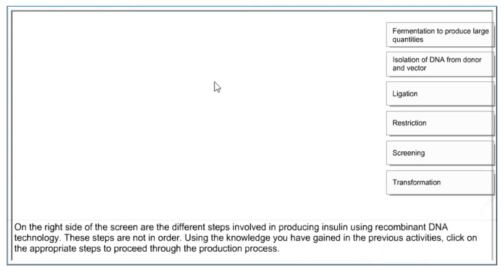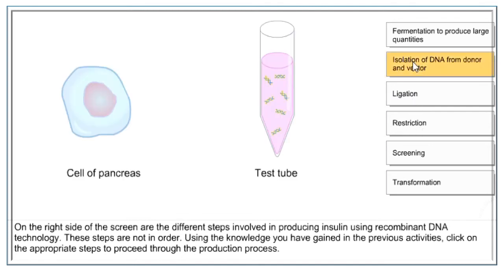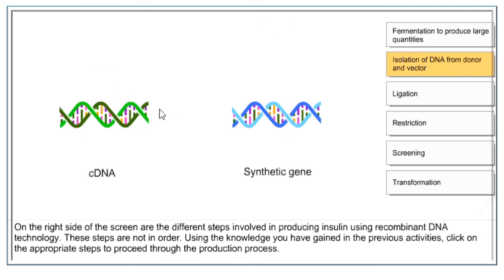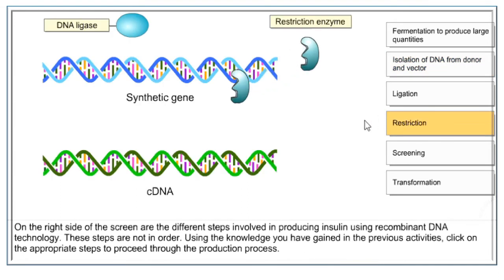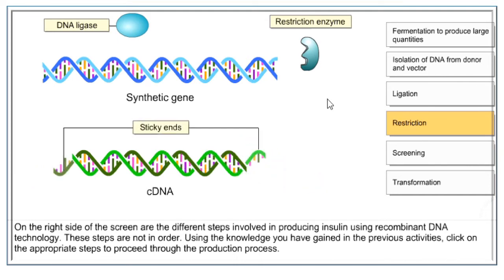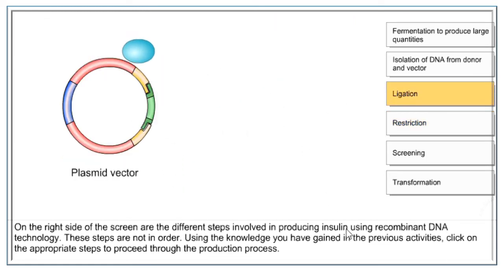So the first one is isolation, where we use the cDNA. After isolation is the restriction, and after restriction is the ligation process, where the DNA ligase enzyme is used.